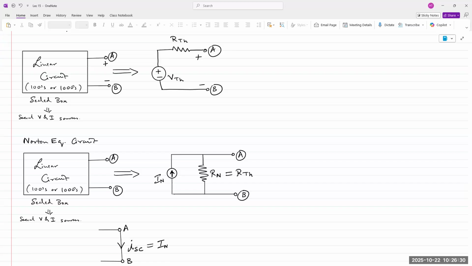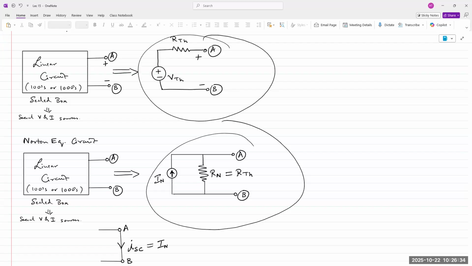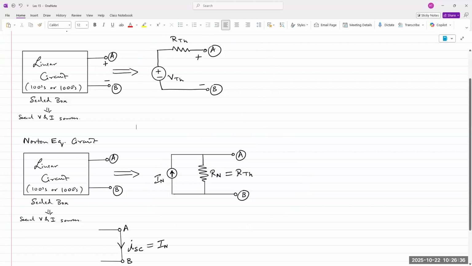And the final circuit looks like that. Because these two are equivalents of the larger circuit, they are equal to each other. Okay. And the quantity that relates all three of them is Ohm's law.